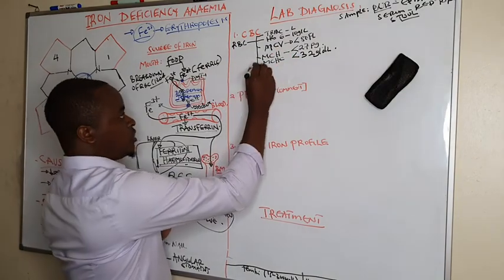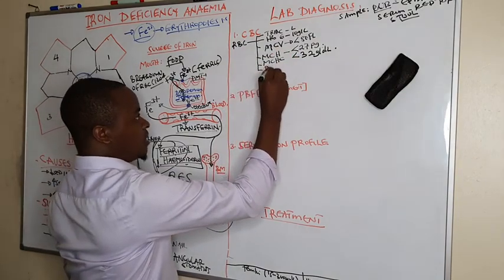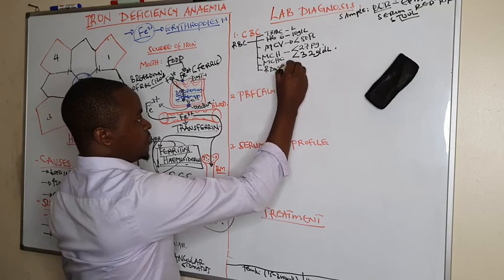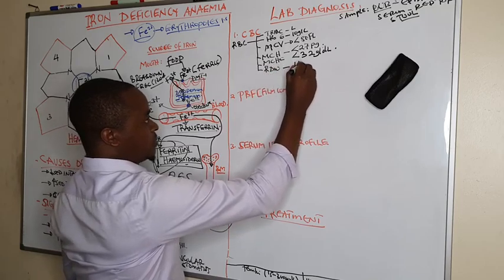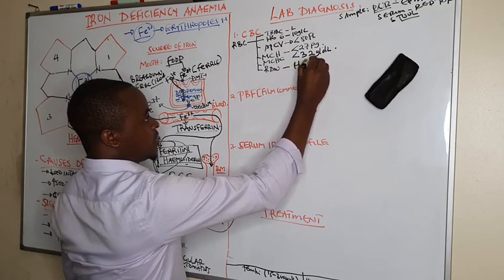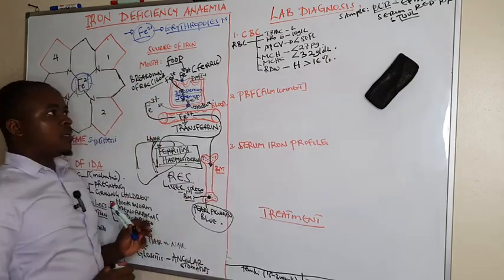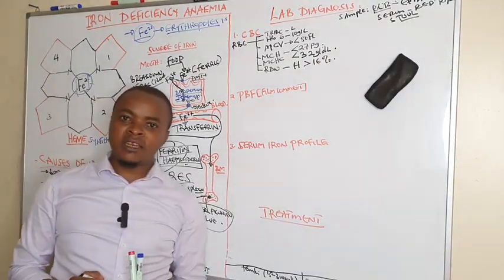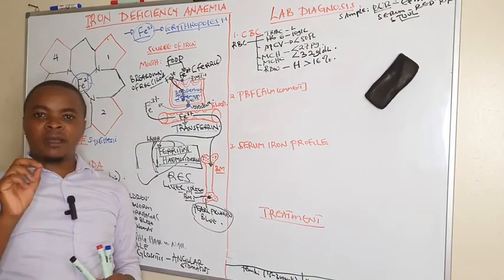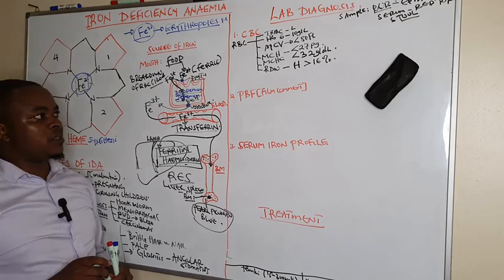And another thing which confirms here is RDW. When RDW is high, that is greater than 16%, then we can suspect iron deficiency. We don't confirm, but we suspect.